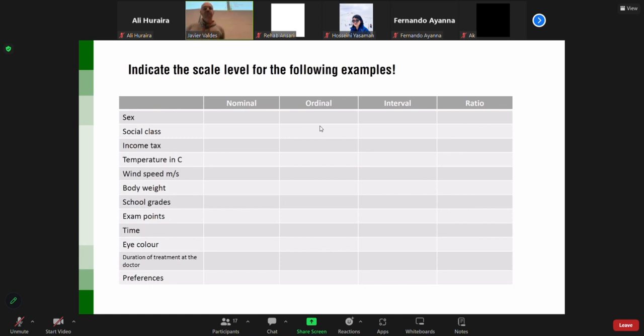Preferences. I would rather not. I prefer to. Preferences. What do you think? How are those nominal preferences expressed?